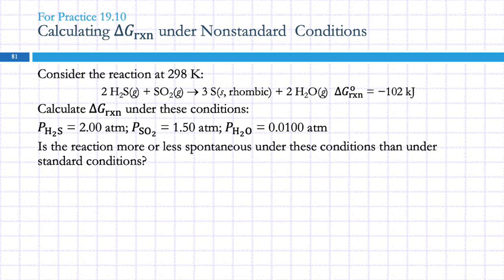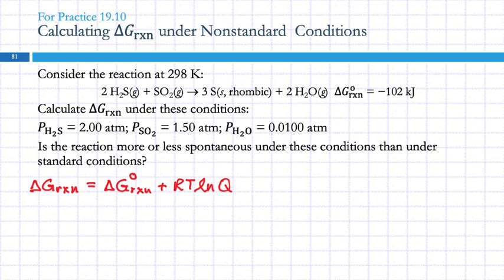And so we're going to calculate delta G, and then it's asking if it's more or less spontaneous at these conditions rather than standard conditions. So delta G for the reaction is equal to delta G0 for the reaction plus RT natural log of Q. So we need to be able to calculate Q.